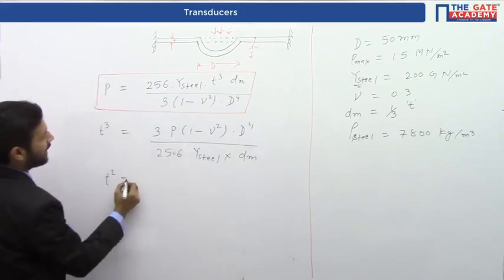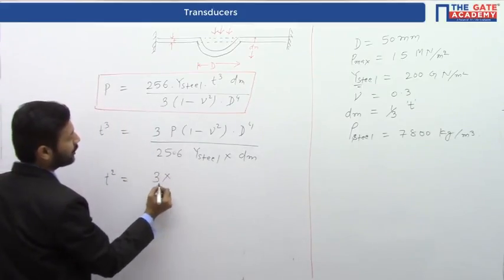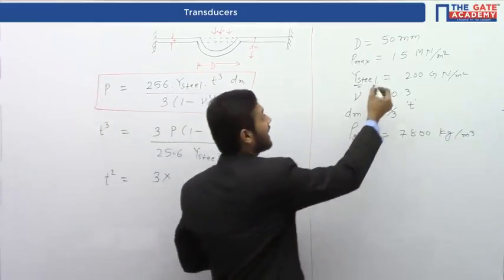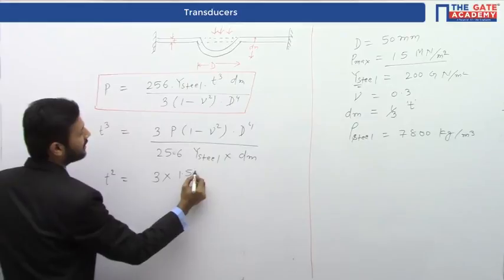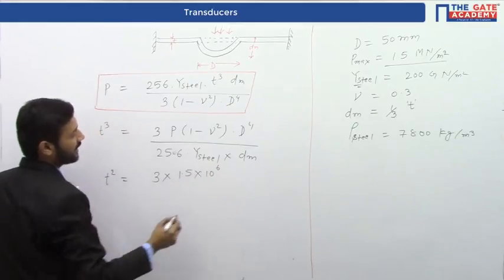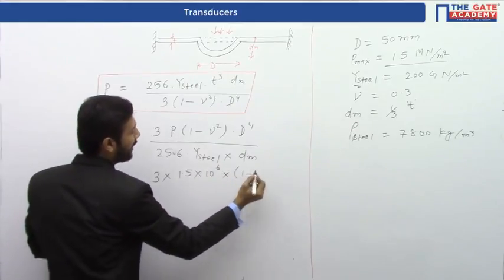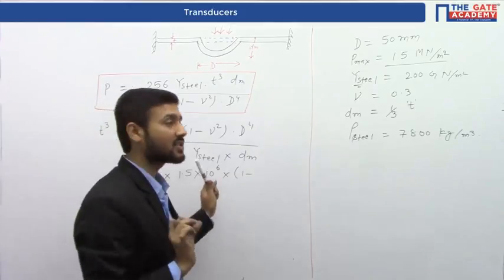So t squared is equal to 3 into maximum pressure, given as 1.5 MN/m², so 1.5 into 10 to the power 6, into (1 minus Poisson's ratio squared).